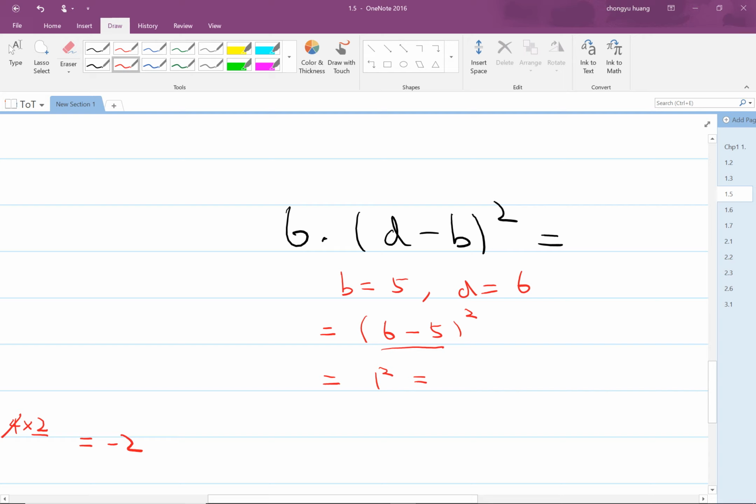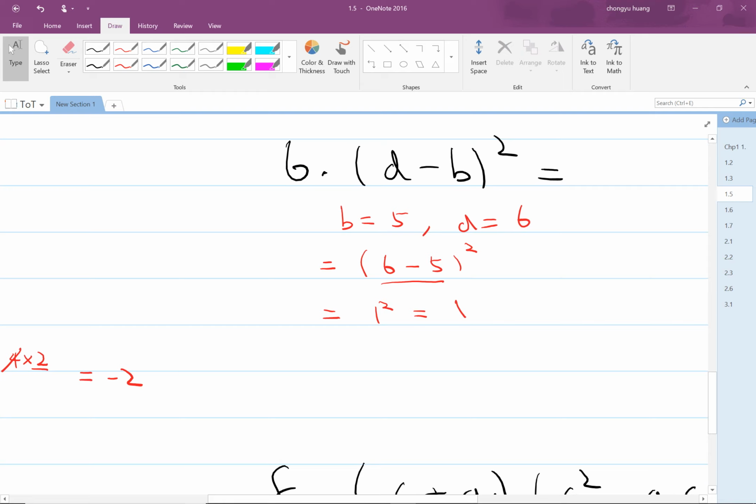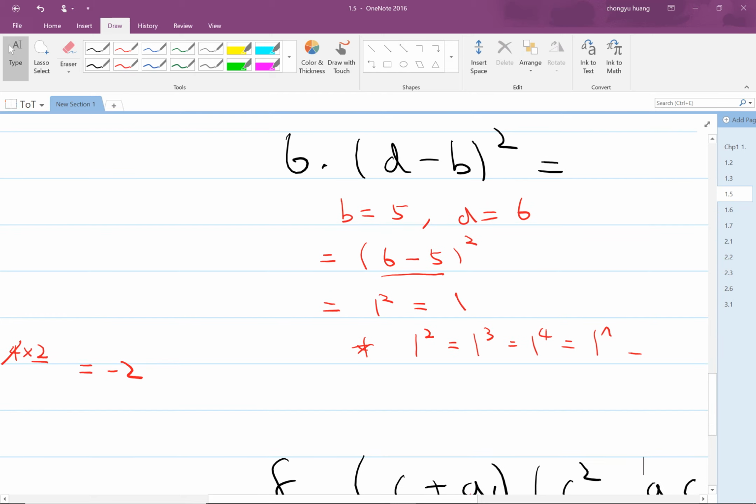So keep in mind, 1 to the power n is always going to be 1. Okay? So basically, 1 to the power 2 is equal to 1 to the power 3, and it's going to be equal to 1.